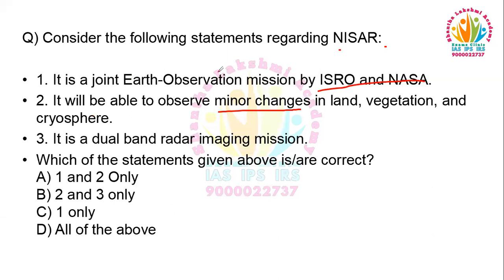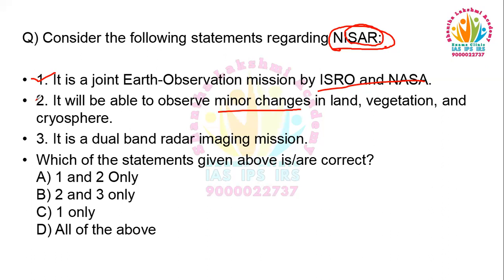Coming to the first statement, it is a joint Earth observation mission by ISRO and NASA. Yes, the name NISAR denotes that N stands for NASA and I stands for ISRO, that is India's ISRO. SAR, synthetic aperture radar. So statement 1 is correct.